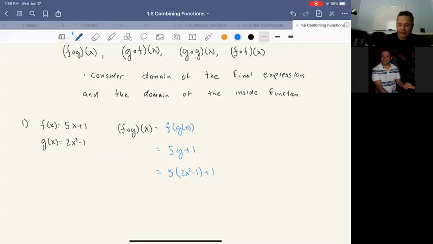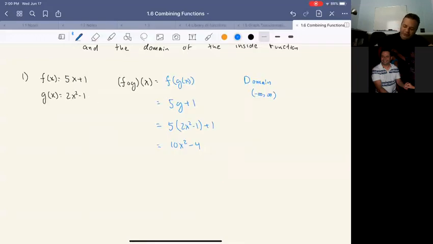And then doing a little bit of algebra magic, 10x squared minus 5 plus 1 is going to be minus 4. And the domain here is going to be from negative infinity to infinity.